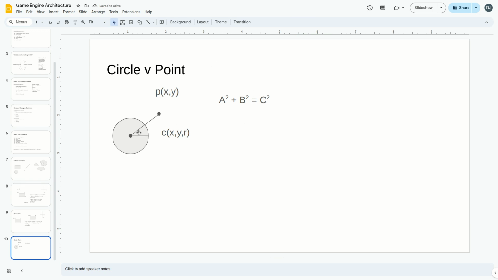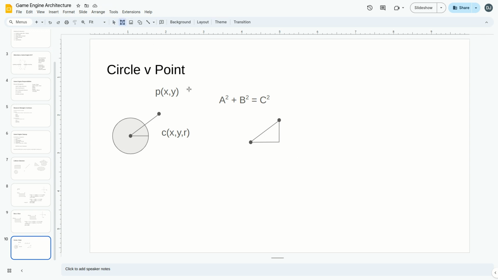So in this case, this is the c, and then let's pull this out a little bit. There's a method to this madness. There we are. Cool.